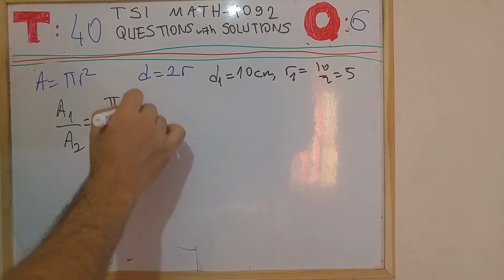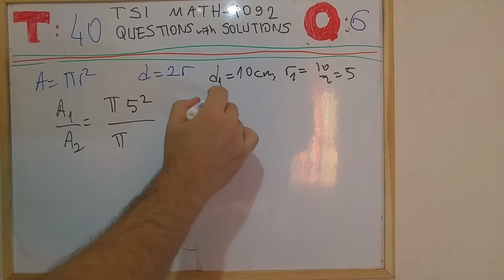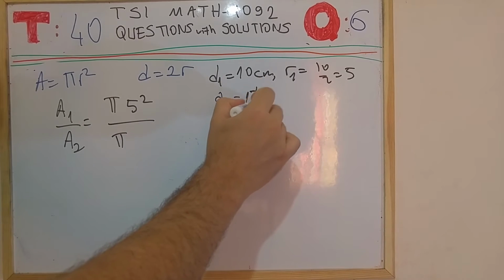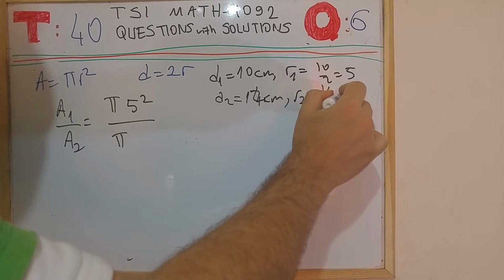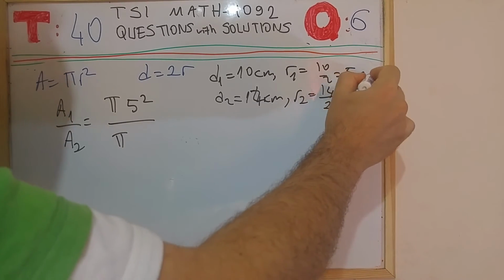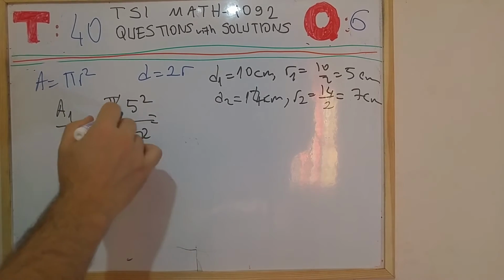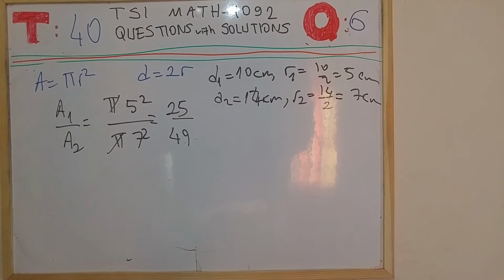So it's 5 square over pi times the second one. The diameter of the second one is 14 centimeters, which means radius is half of this 14, which is 7 centimeters. Let's write it as 7 square. So when the pi's cancel each other out, this is going to be 25, while the other one will be 49.